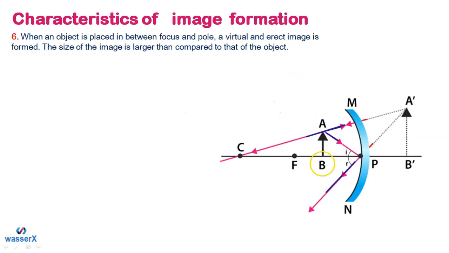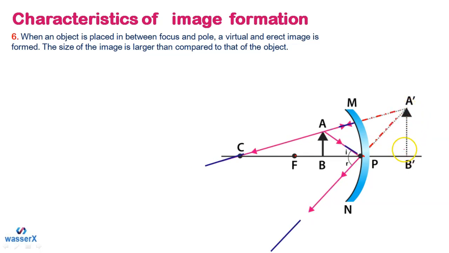So this time we have taken the object between the focus and the pole. After taking the object between focus and pole, as you can see, one very important thing has changed from all the previous cases. In this case you are getting the image formed behind the mirror, and it is virtual, not real.